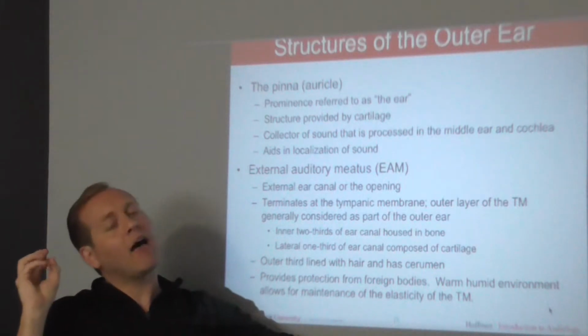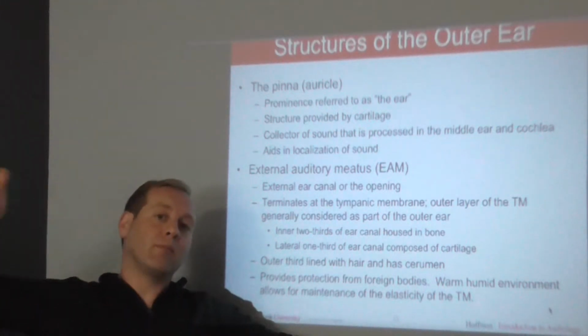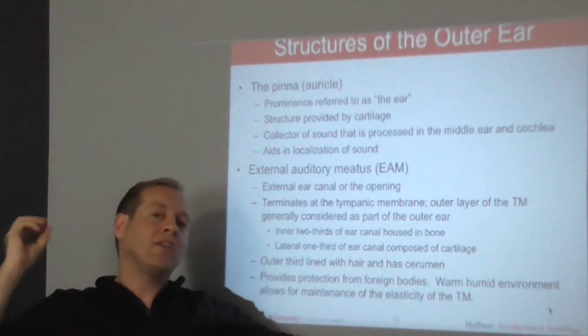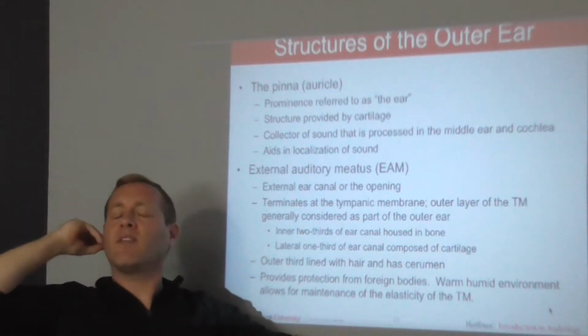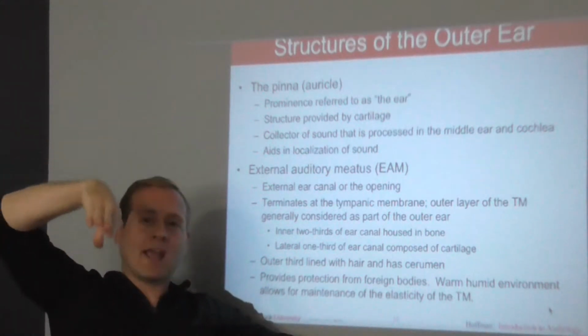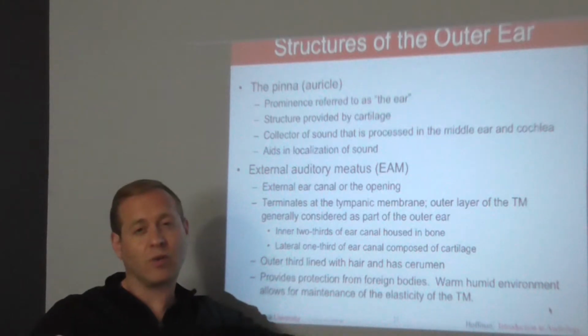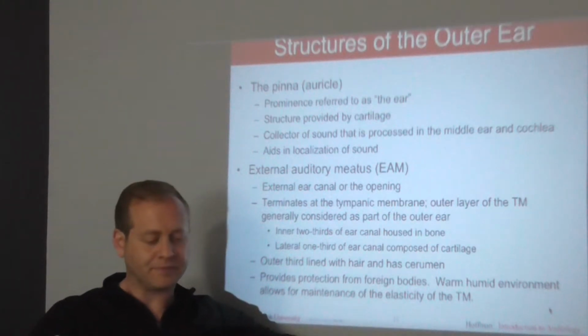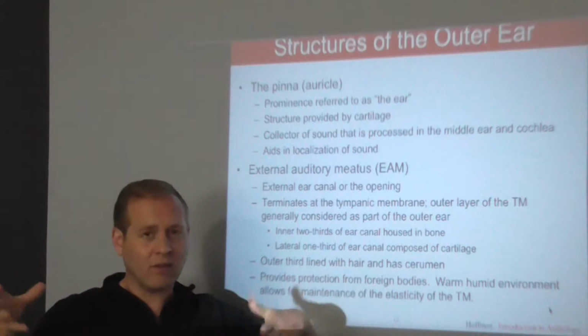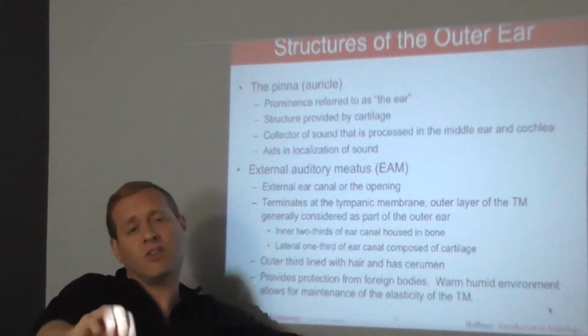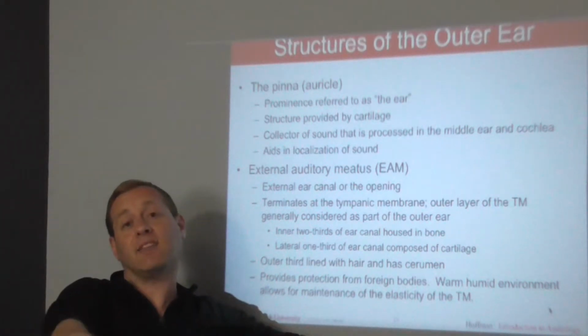The ridges allow the air particles that are moving, the sound waves, to bump into different parts of the pinna and then get directed into the external auditory meatus. So we collect sound, we funnel it into the external auditory meatus, thereby amplifying the sound.